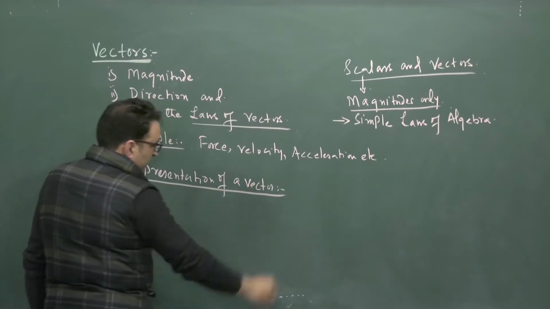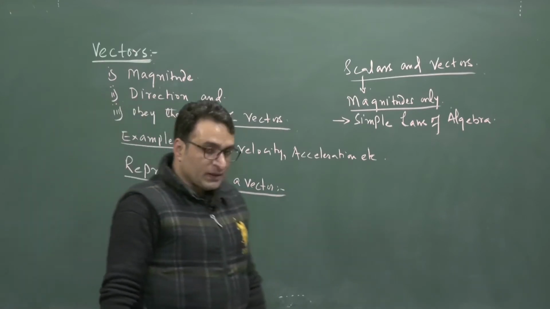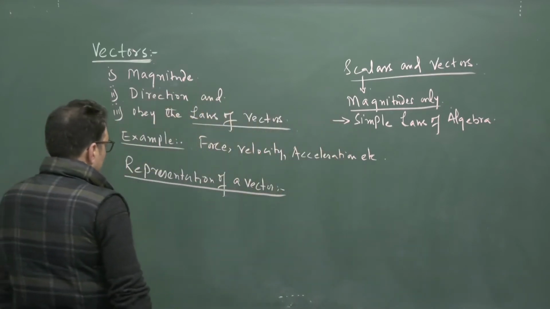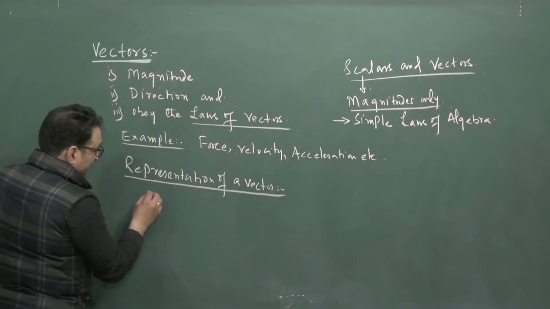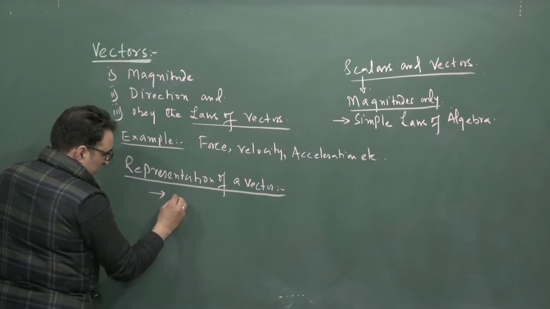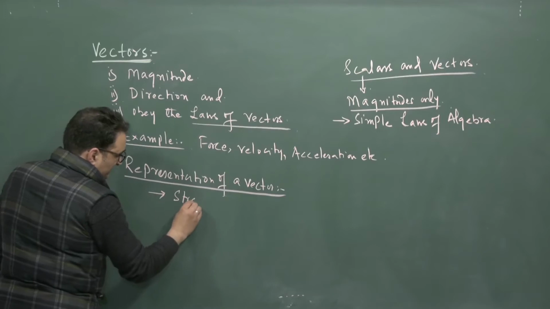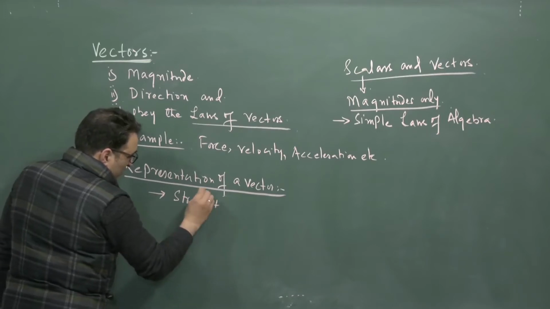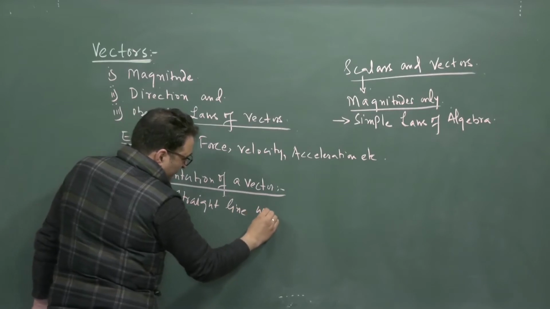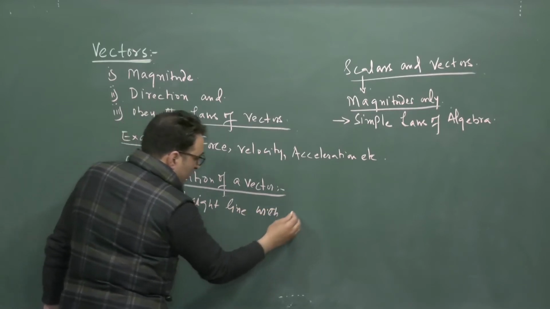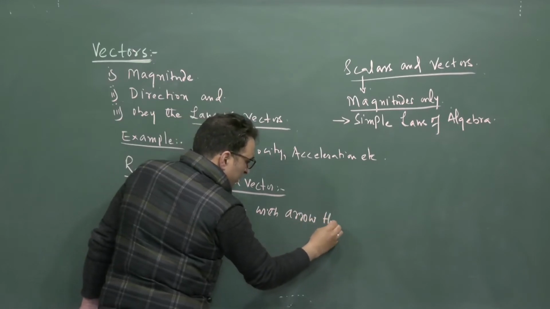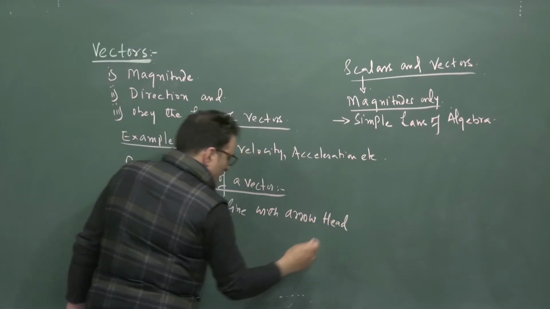Now, vectors are usually represented by straight line with arrowhead over it.